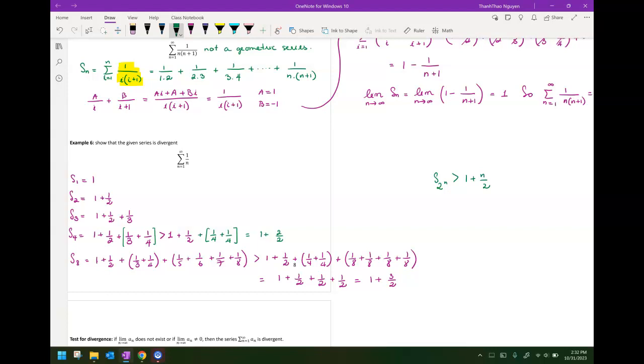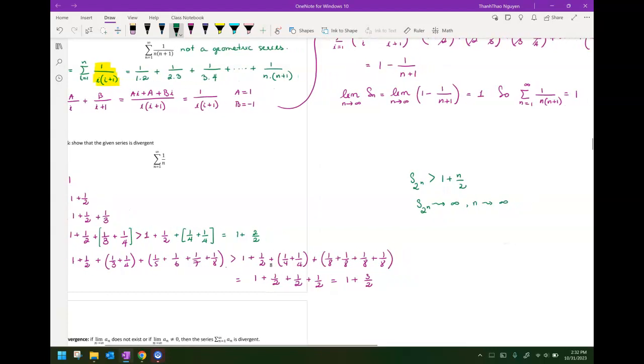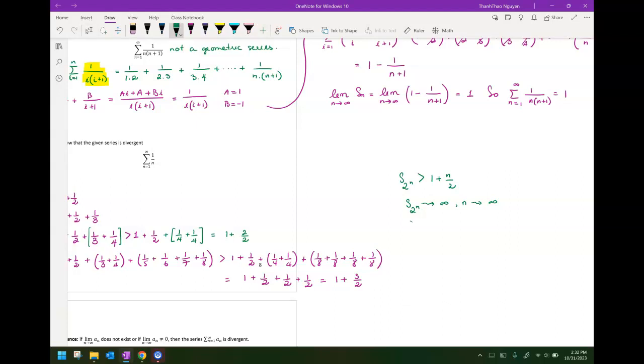So as n goes to infinity, s sub 2 to the n goes to infinity. The sum goes to infinity as n approaches infinity. So then I can say that the series from n equals 1 to infinity of 1 over n is divergent.